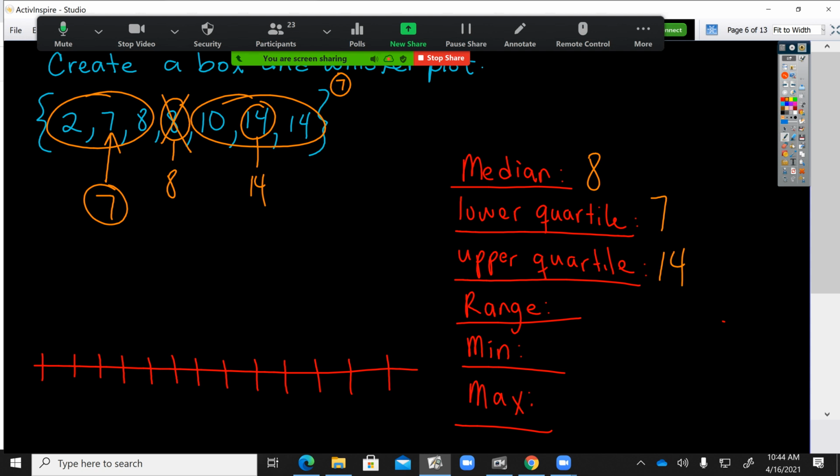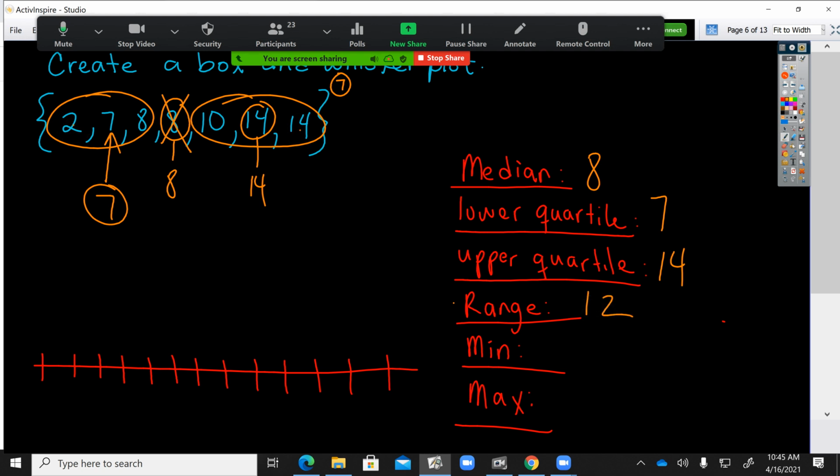Now those 3 values right there are what's contained in the box. We call that the quartiles. So let's make our box already with those 3 numbers. Now let's number this number line here from the smallest number all the way to the biggest number. So how do you know how many ticks to make on this line? By finding the range. 14 minus 2 is 12.